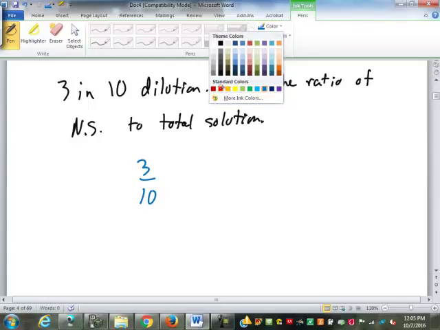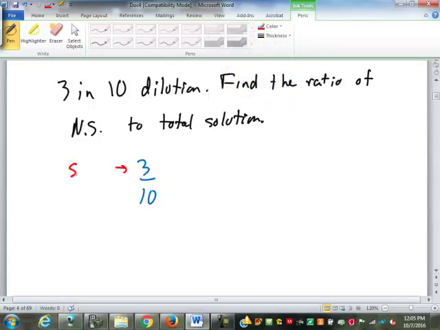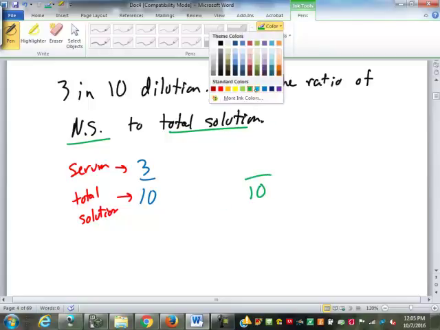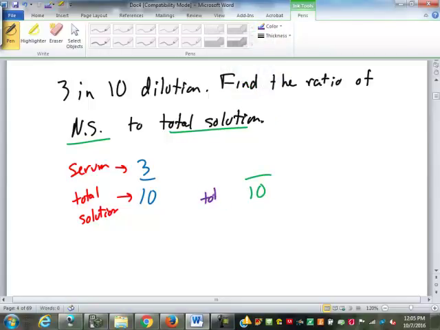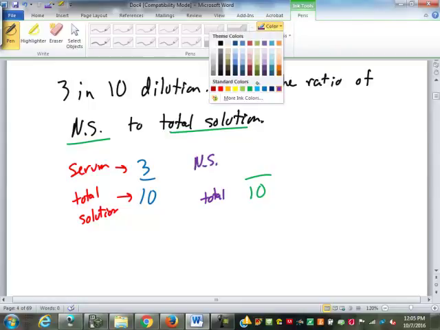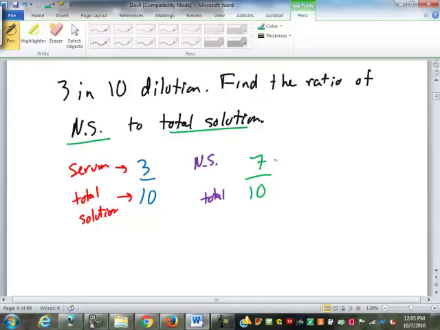The 3 represents serum. The 10 represents total solution. So I want the ratio of saline to total. So the 10 can stay. That's my total. But I want the saline up here. How many parts is that going to be? 7. Again, 3 out of the 10 are serum, the other 7 must be saline.